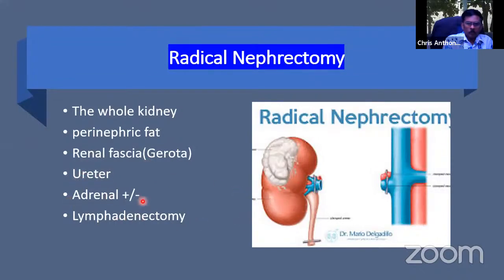Ureter is removed. Adrenal gland, depending on the location of the tumor. If it is in the upper pole, the adrenal gland is also removed. And of course, if there is adenopathy or lymph nodes are involved at the hilar region, the lymph nodes are also removed. This is radical nephrectomy.